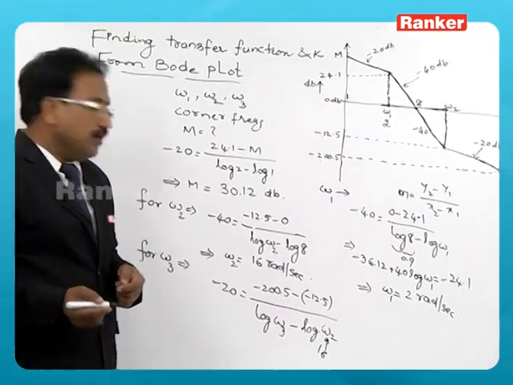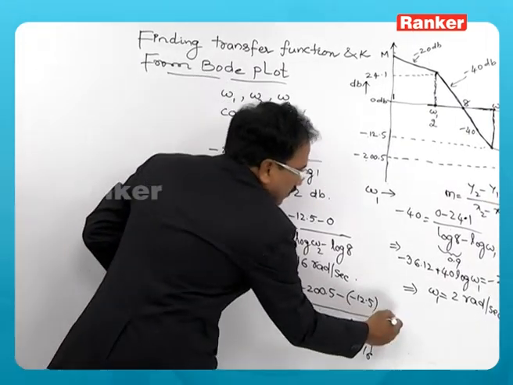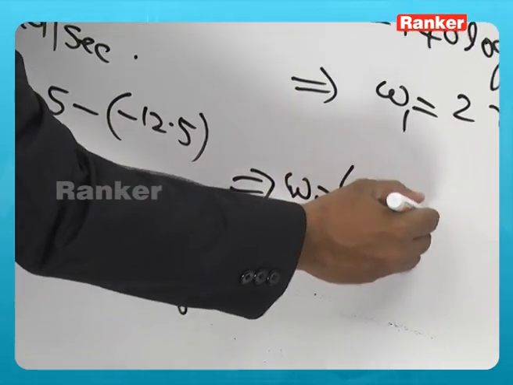The only unknown here is omega 3, and that omega 3 is 40 radians per second.